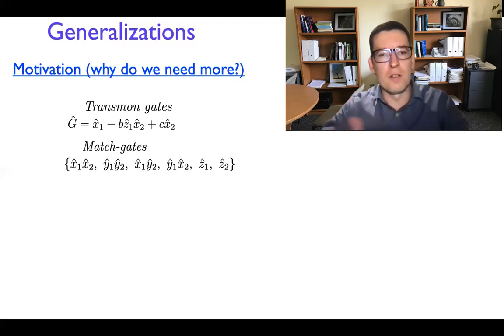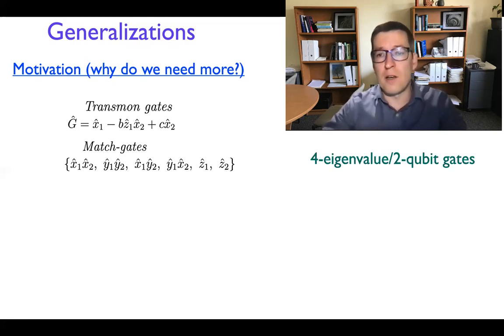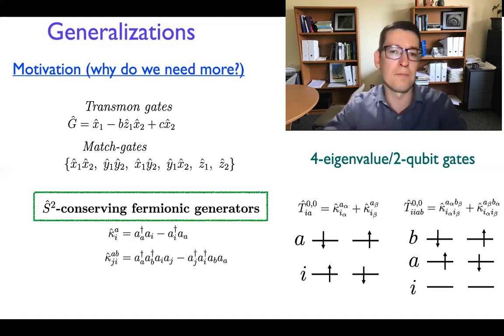Well, it turns out that the hardware vendors keep developing various gates. So now there are 2-qubit gates, like transmon gates and matchgates. They can be mixed in various ways, and one potentially would like to differentiate with respect to amplitudes of such generators. These generators have 4 eigenvalues, because they're 2-qubit gates. And the question is how to differentiate with respect to them efficiently.